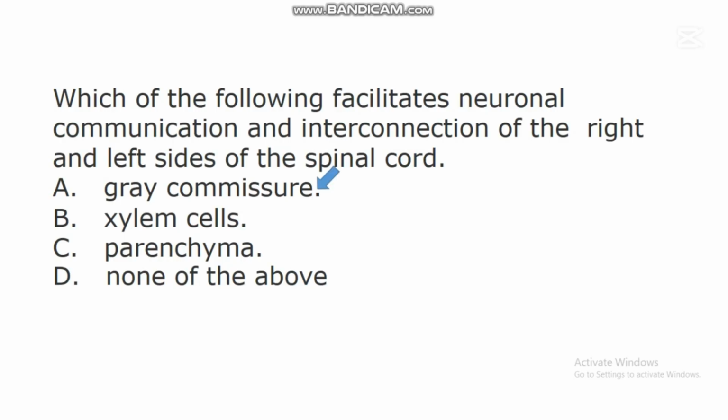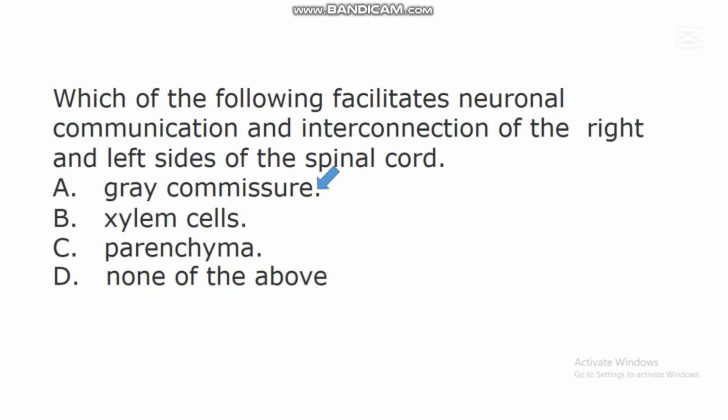Gray commissure. Gray commissure is a structure that facilitates neuronal communication and interconnection of the right and left sides of the spinal cord. Studies have shown in neurology that this gray commissure is located at the center of the spinal cord, and it ensures that neurons in the left side of the spinal cord communicate with the neurons in the right side of the spinal cord.